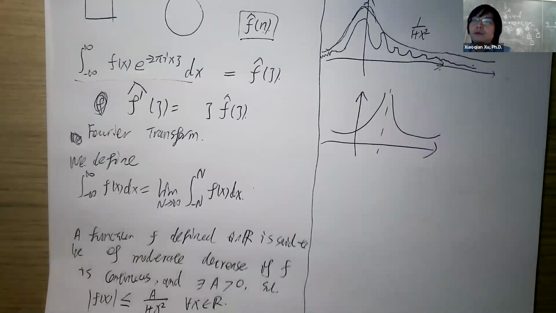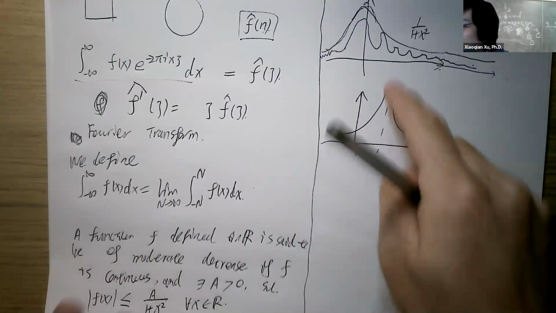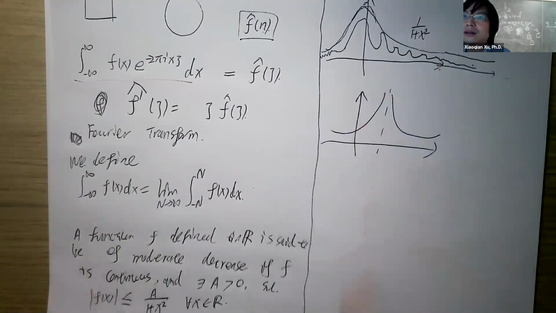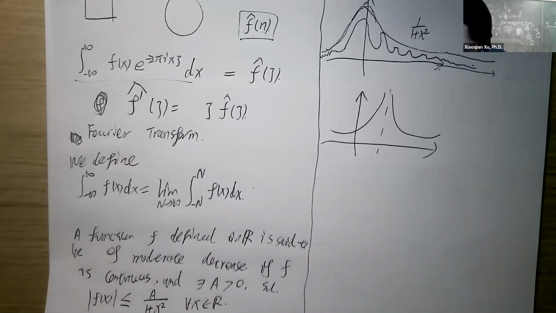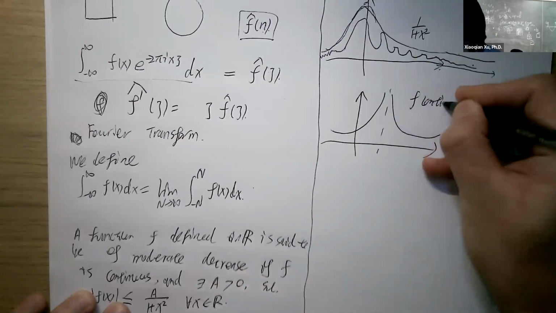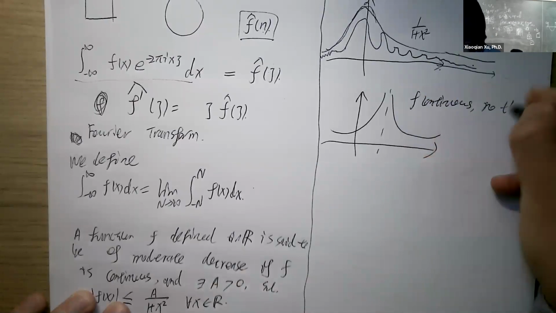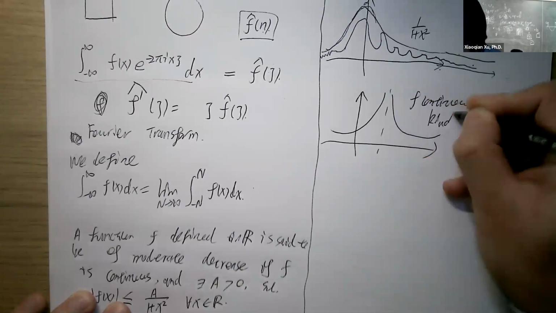So if you try to see the whole real axis as some closed interval, then this function has no singularity like 1 over x on this whole interval, not on any point of the real axis, not even at infinity. At infinity it is also very good, and it even has some decay at infinity. So f continuous, no this kind of point.